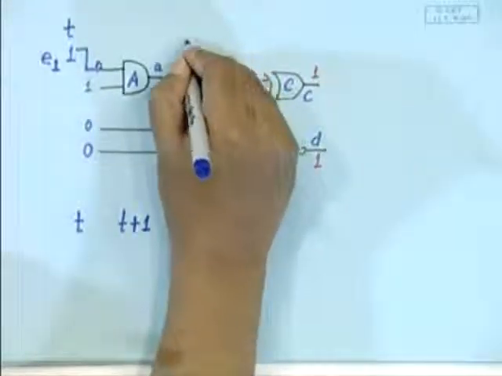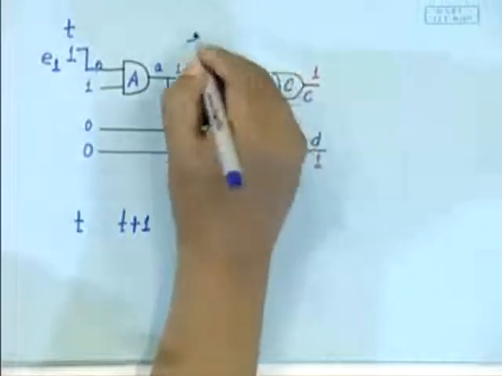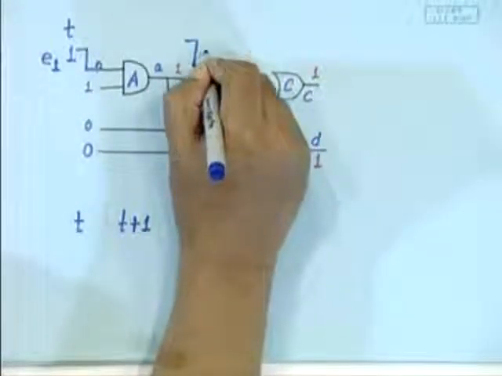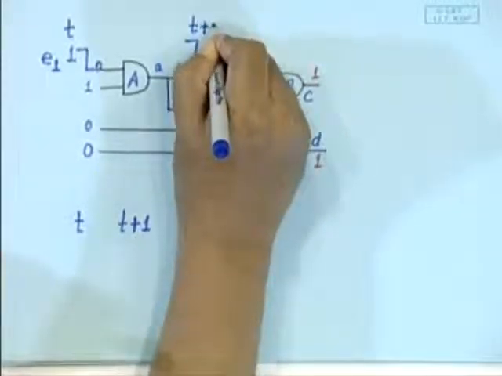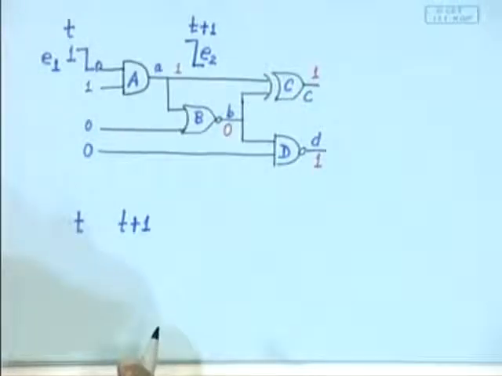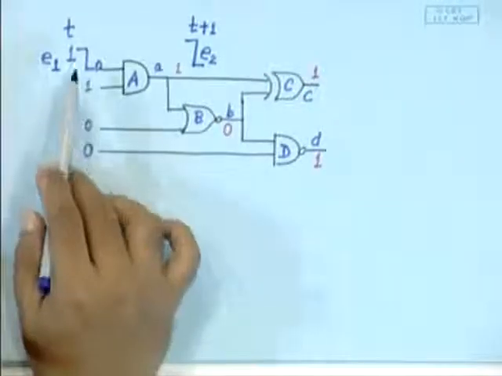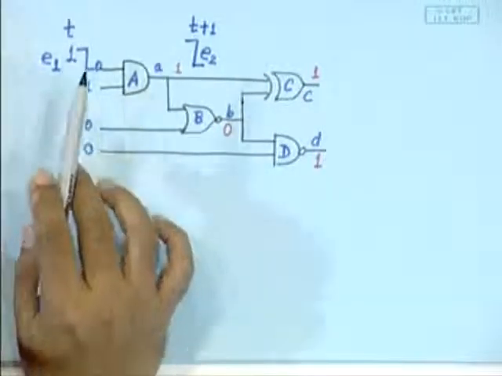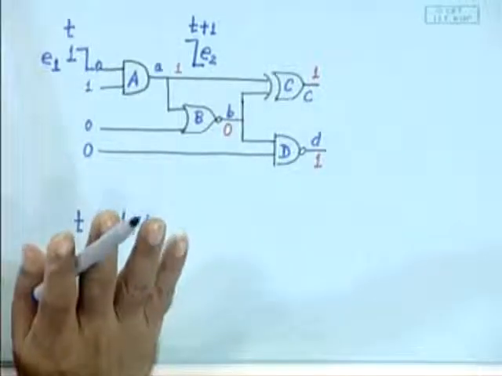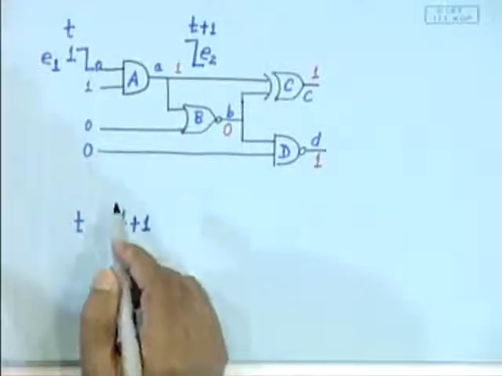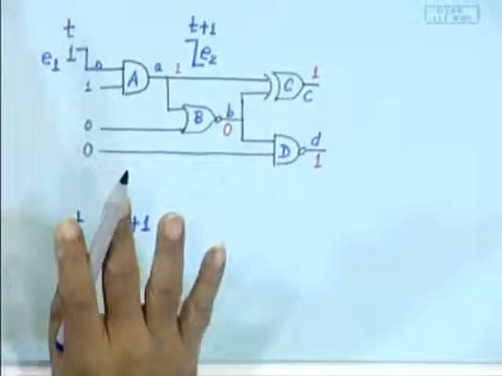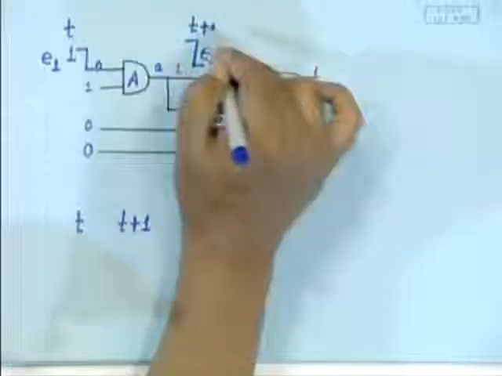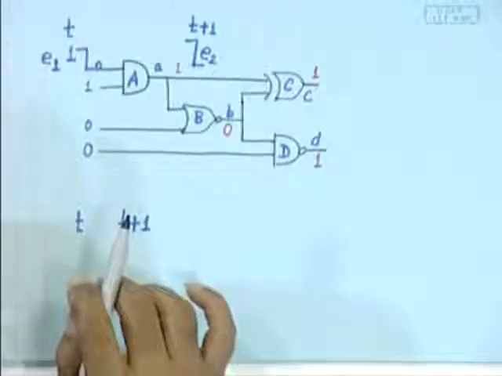So a fall event, let us call that E2, and this takes place at t plus 1. Right. Does this event generate any other event? No. So the simulation finds that all events at t have been done, so time advances to t plus 1.